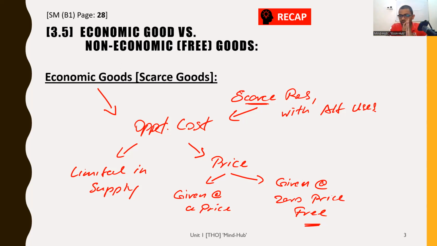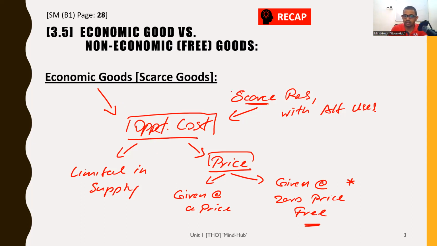So just because some good is given free, that doesn't mean it is always going to be a free good, a non-economic good. Even economic goods sometimes can be given at zero price. Economic goods always have a price. Whether we will always get them at a price is a different story. Economic goods always have an opportunity cost. Why?